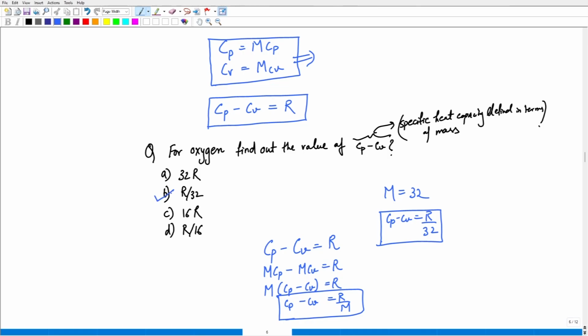I hope it is very clear to you. Let's discuss heat in terms of specific heat capacities and how it is related to the degree of freedom.